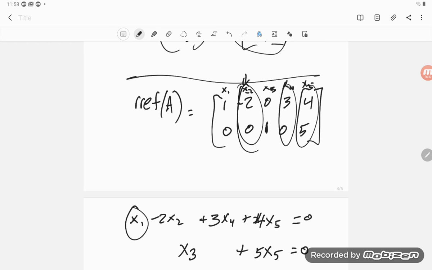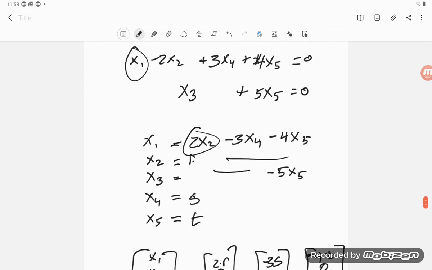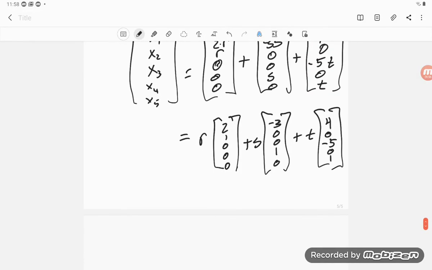And if you get something like this where you've got something inserted in between some leading columns, it just makes life a little more difficult, but it's not terrible.